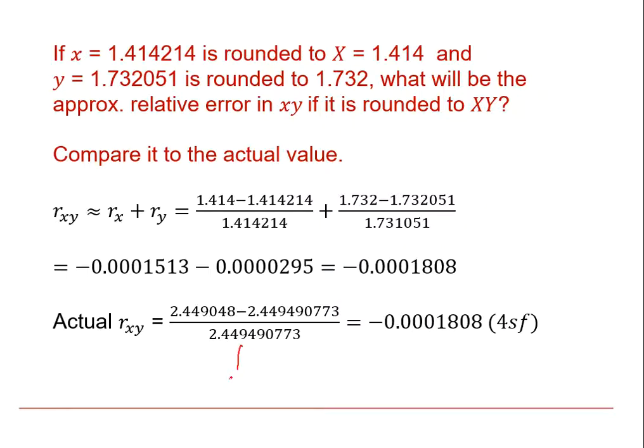So we've got little x times little y gives us the denominator there, and that's big X times big Y, and as we can see we've got the same figure to four significant figures.